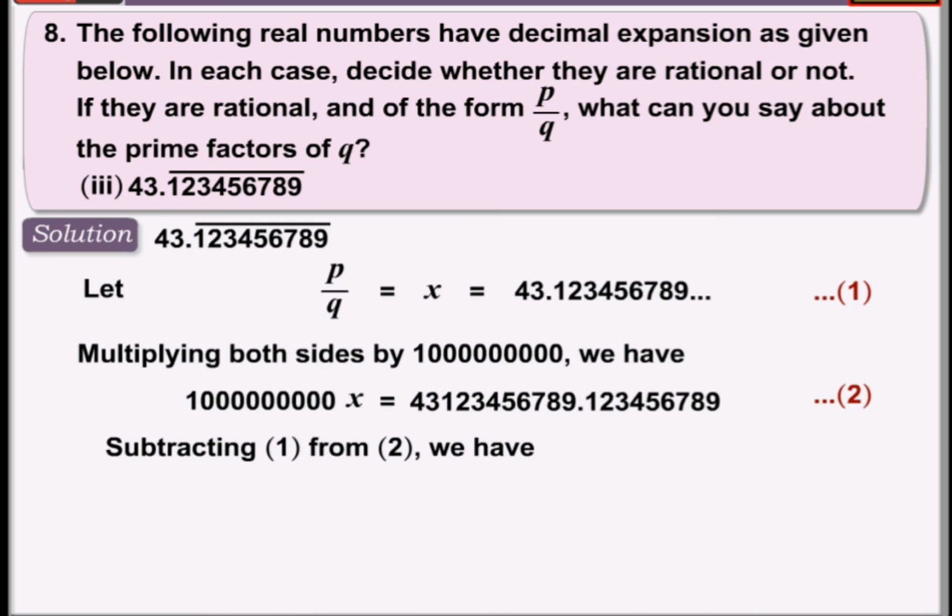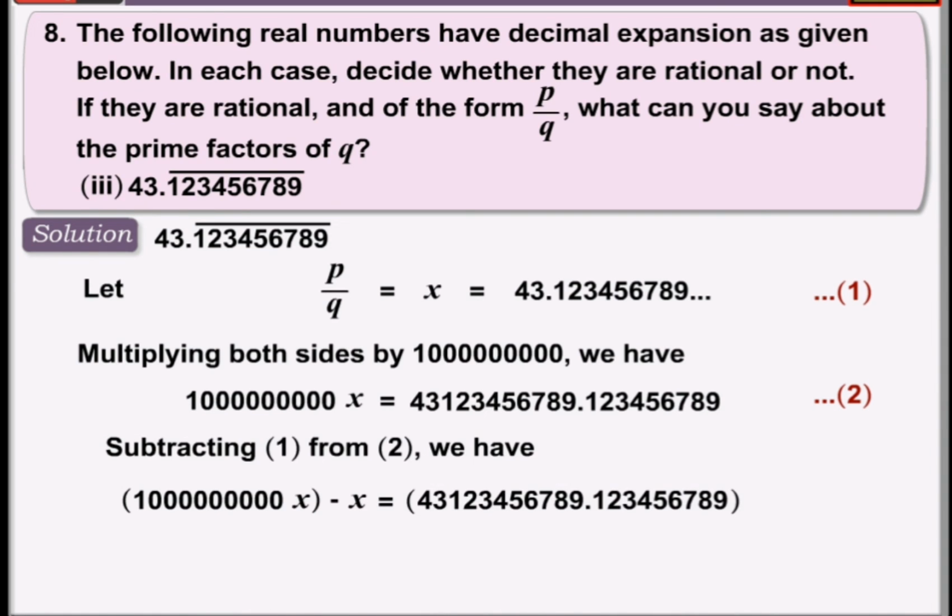Subtracting 1 from 2 we have 1000000000 into x minus x is equal to 431234567.89123456789 minus 43.123456789.